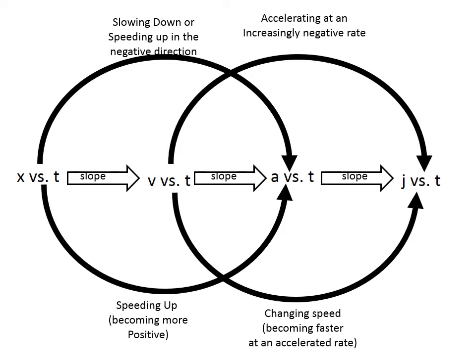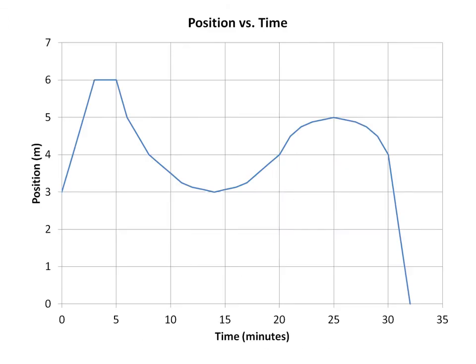So let's take a look at that on a graph. If you look at this position time graph, you'll see two curved segments, one between 5 and about 20, and another between 20 and 30. If we were to try to find velocity at various locations around the curve from 5 to 20, you're going to take tangent lines at each location.